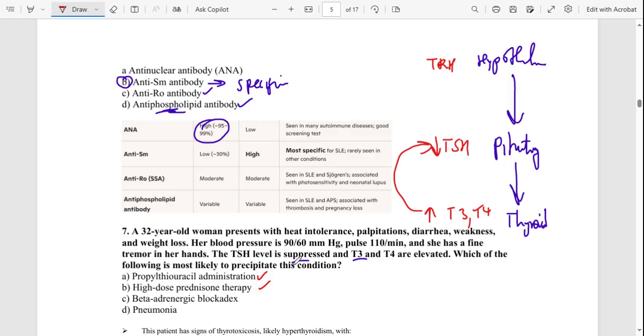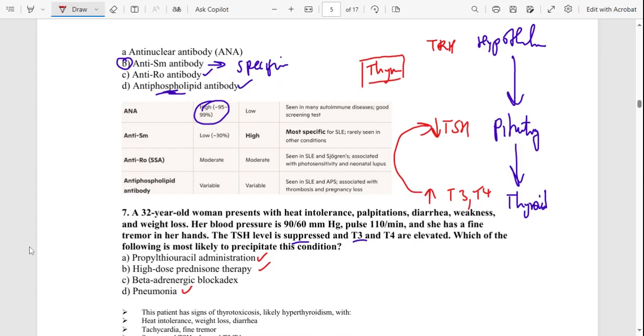But for a condition like thyroid storm, where you have an acute release of thyroid hormone and then showing symptoms, there are many precipitants. Some of those include surgery, infections, and pneumonia is a possible infection that can precipitate this condition.